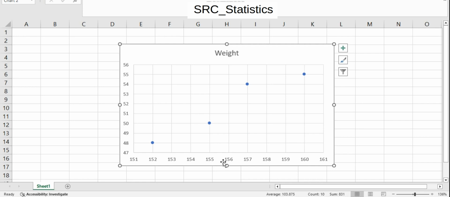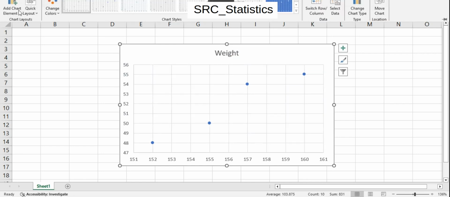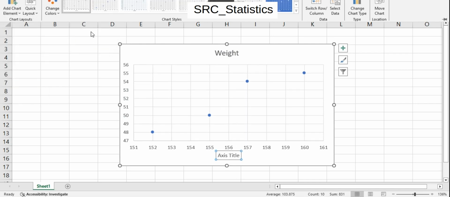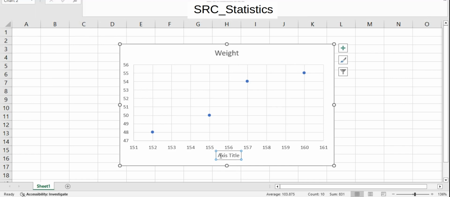Now along the x-axis we shall write down our height, and along the y-axis we shall write down weight. Okay, so we go to chart design, and then we go to add chart element, which will be extreme left side. Okay, so then we choose axis titles, and in axis titles we choose first primary horizontal.